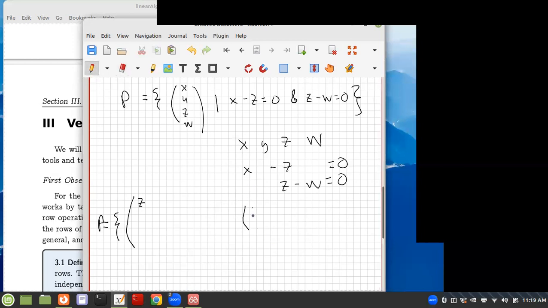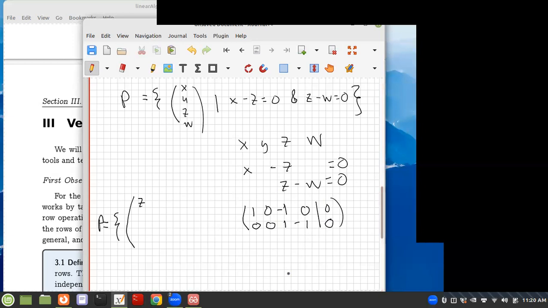Let me just write this down as an augmented matrix to make everything clear. So I've gotten myself in. So here's 1, 0, minus 1, 0, 0, and the next one is 0, 0, 1, minus 1, 0.